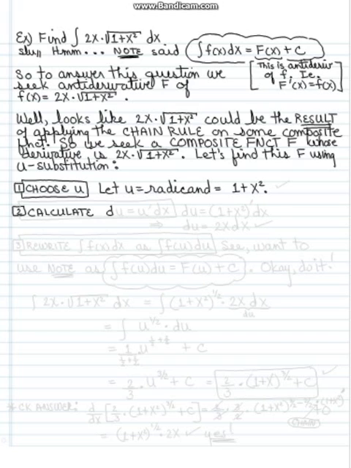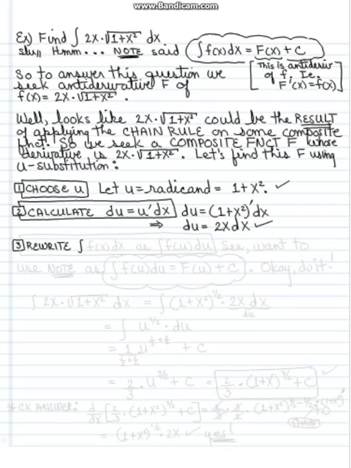Step 2, use the definition of differential, du equals u prime dx. Well, du would then be the derivative of 1 plus x squared, parenthesis prime, dx, which is du equals 2x dx. Okay, we've got our u, we've got our du. Step 3, rewrite the integral of f of x dx that they gave us as the integral of f of u du.